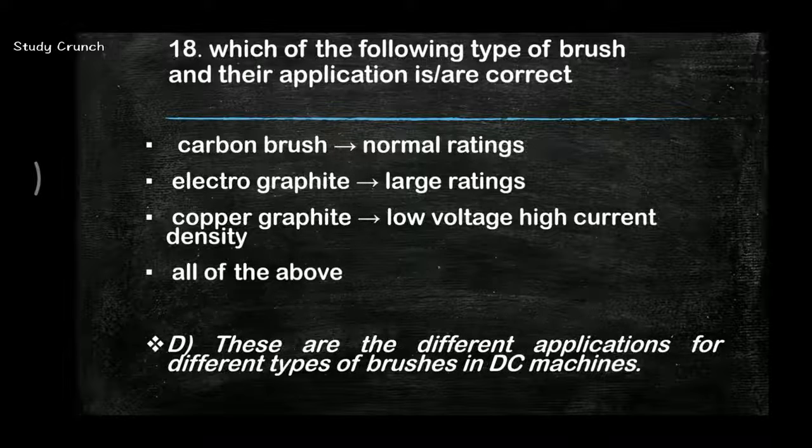Next, which of the following types of brush and their application is or are correct? Carbon brushes for normal ratings, electrographite for large ratings, copper graphite for low voltage high current density, or all of the above. So the answer will be D. These brushes are used with respect to the ratings only. So the answer is D.